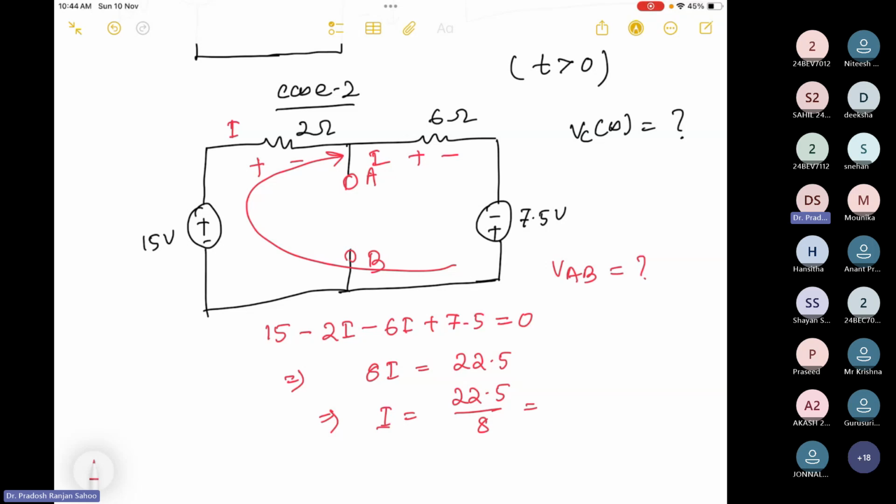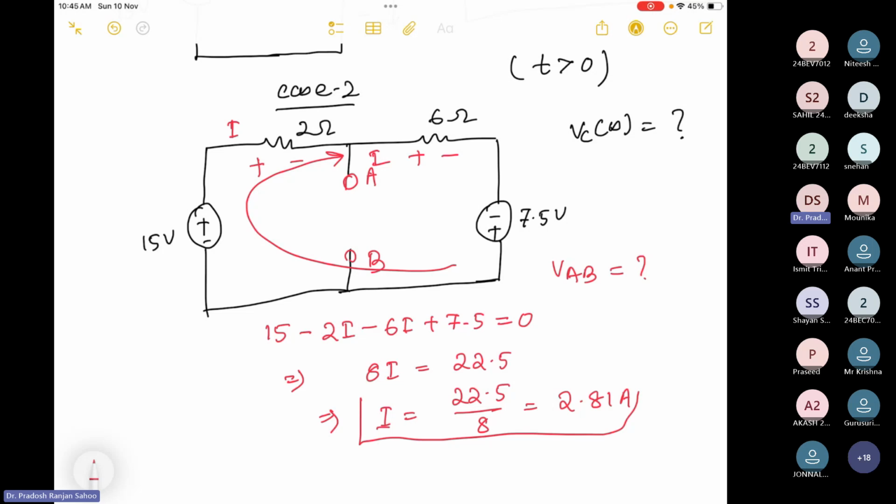Or you can write down in the chat box 22.5 by 8. 2.8125. 2.81 ampere.